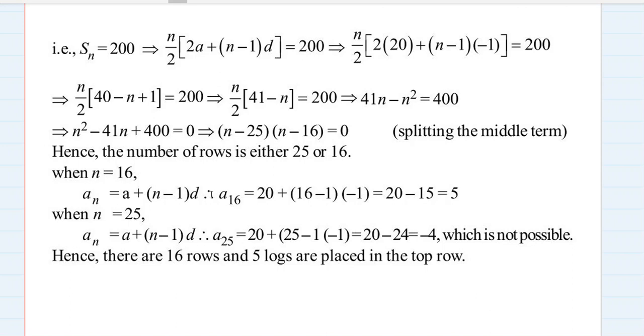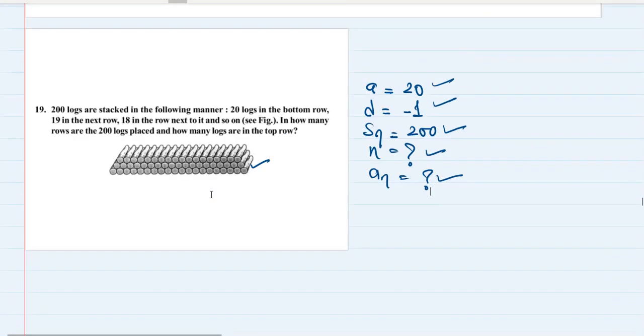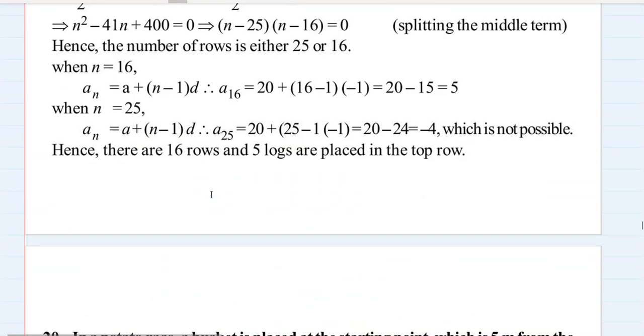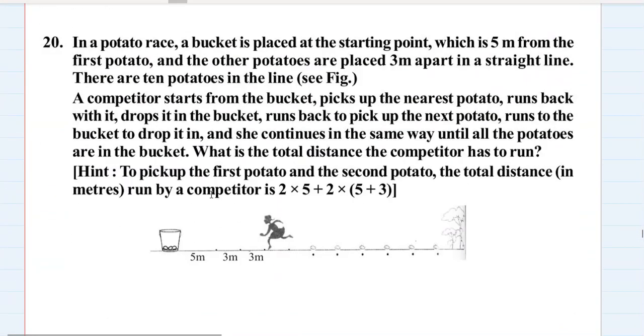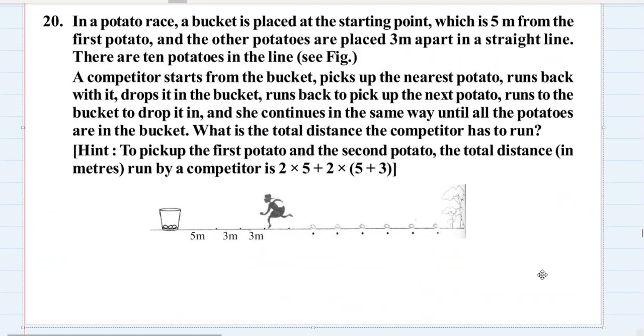So hence there are 16 rows. The correct value of n is 16, and there are 5 logs placed in the top row, the last row. Okay, so n is 16 and nth term is 5. Remember that. Okay, so we have solved this question. It was easy. Next question.